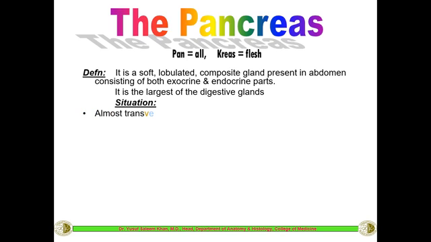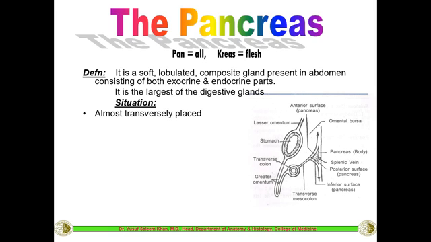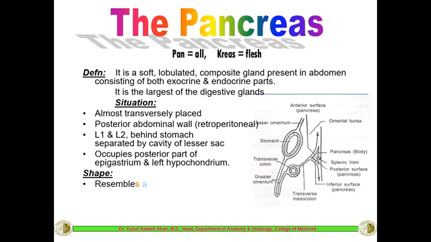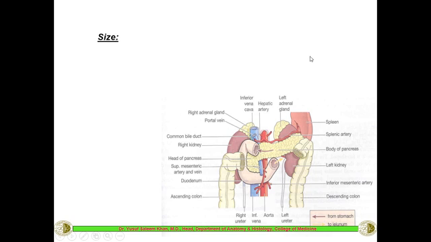The situation of this gland: it is almost horizontally placed. Later we'll show you the picture. So it is totally transversely placed. Here you can see this is the pancreas. This is the whole of the pancreas, this is the head, this is the uncinate process, the neck, most of the part is the body here, and the tail of the pancreas is here.